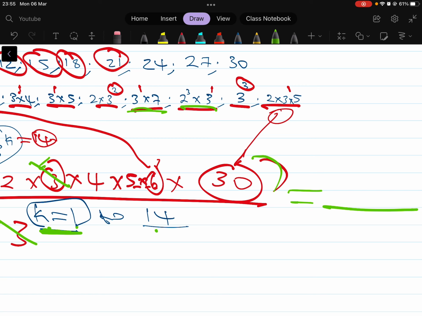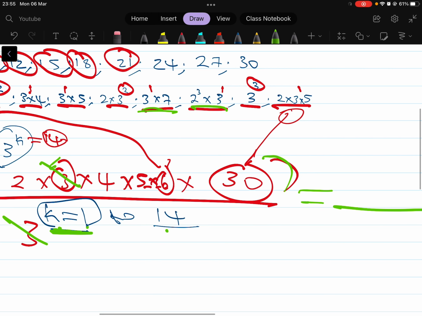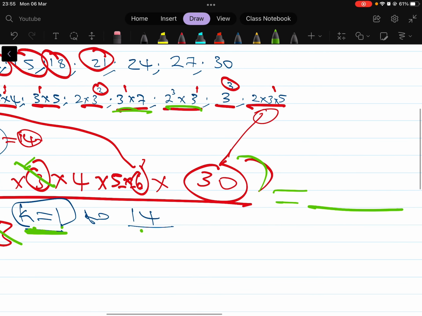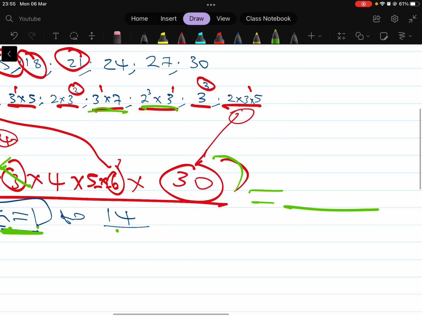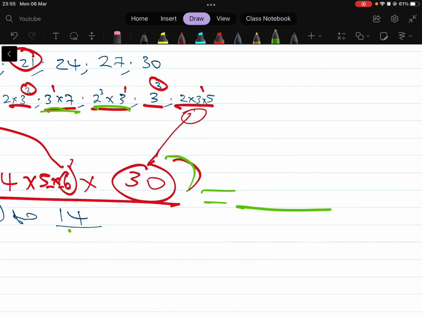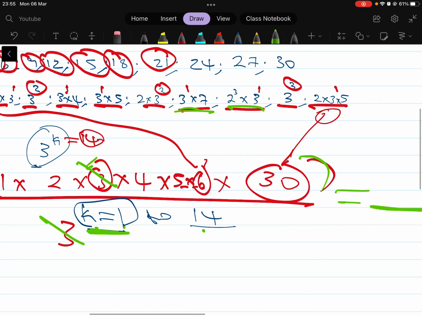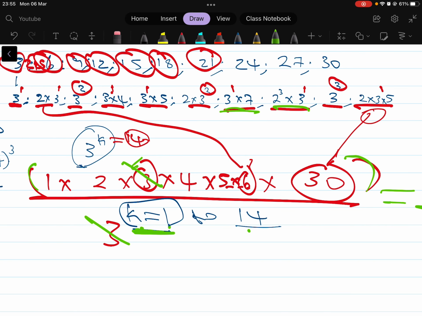Hey, I lost my thought process there. But basically, I hope you get where I was going with this. For whatever k between 1 and 14, the ultimate thing is that you are still going to be left with an answer which does not have a remainder, or the remainder is 0. Because the only way you stand the chance of having a remainder is if you cancel the 3 exponent whatever.